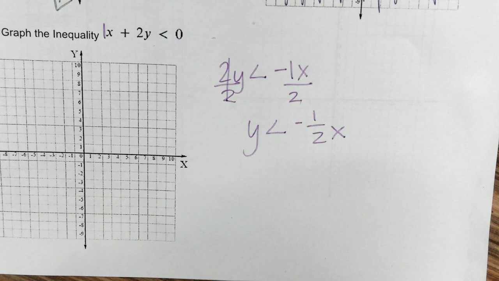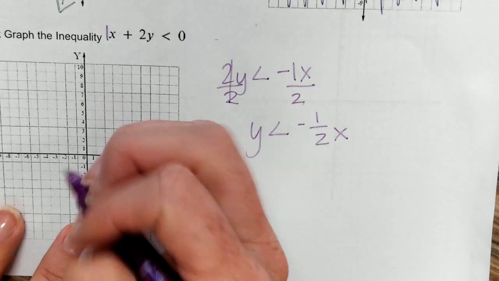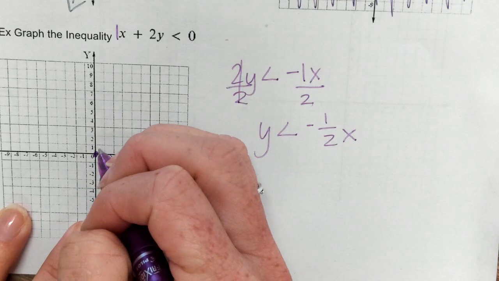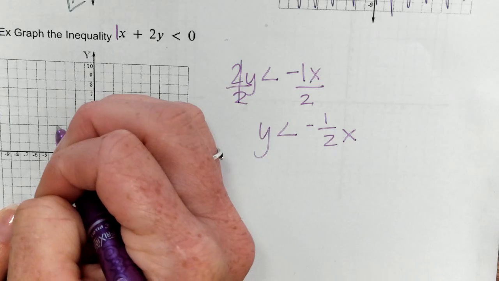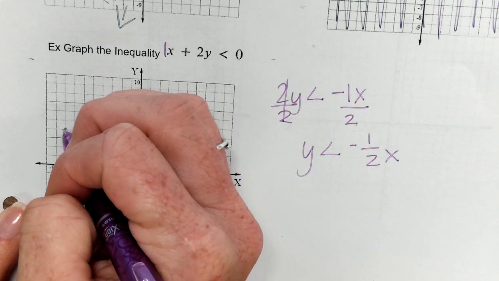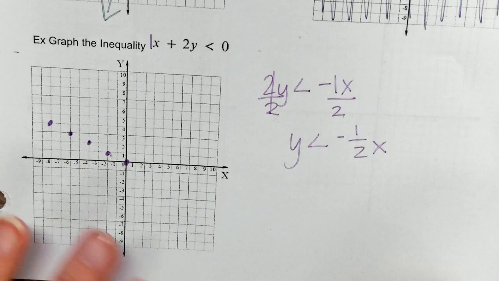Calculator? Do it whichever way you want. I'm going to do it by hand. If I did it by hand, what's the y-intercept? 0. And then I would go up 1, left 2. Doing it by hand is faster if you know what you're doing, just so y'all know. If you don't know what you're doing, please use the calculator.